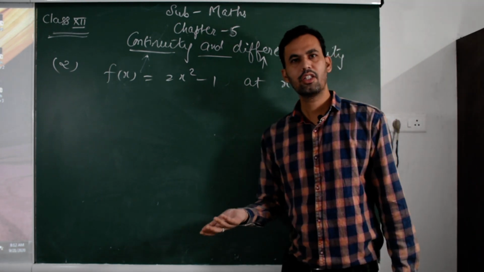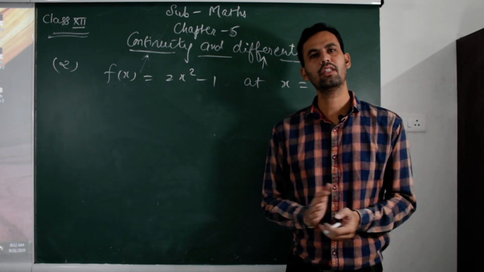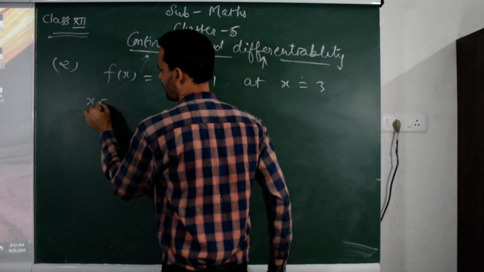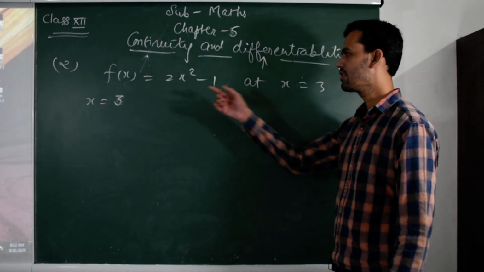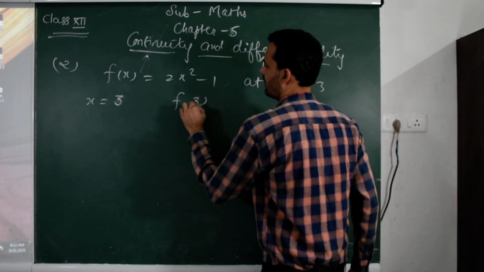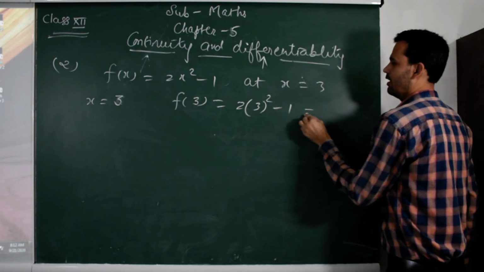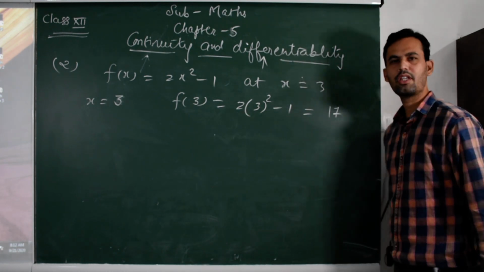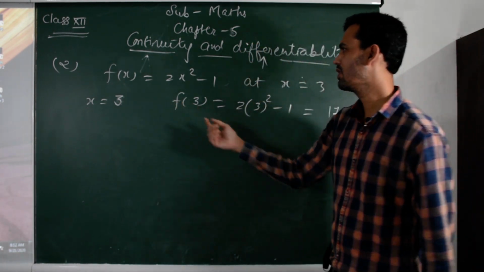If the function is continuous, then we have to prove LHL equals RHL equals f(c). So first we put x equals 3 in this function. We get f(3) equals 2 into 3 square minus 1. 3 square is 9, 9 twos are 18, minus 1 is 17. So this is the value of f(c).